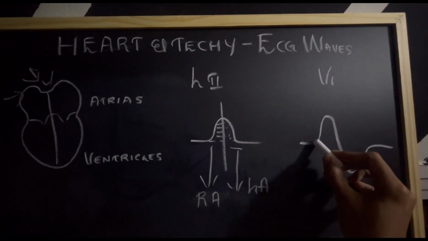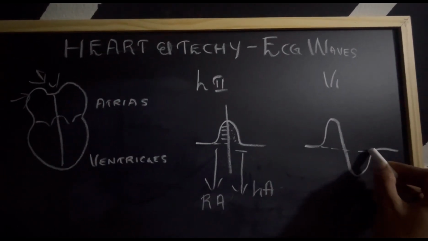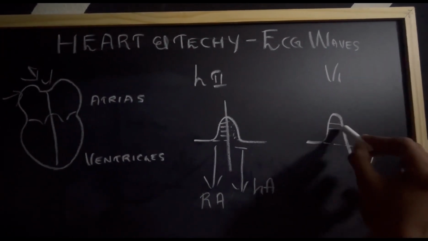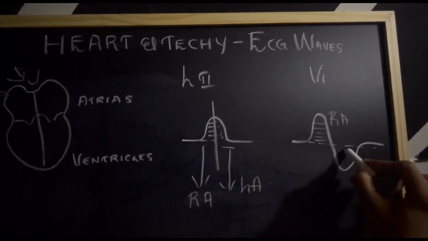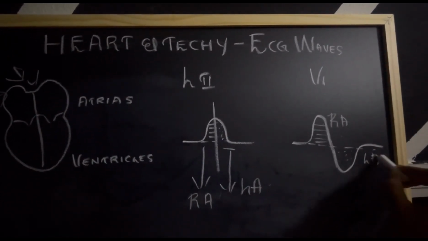When we take V1, this is the baseline, this represents the right atrium and this represents the left atrium.